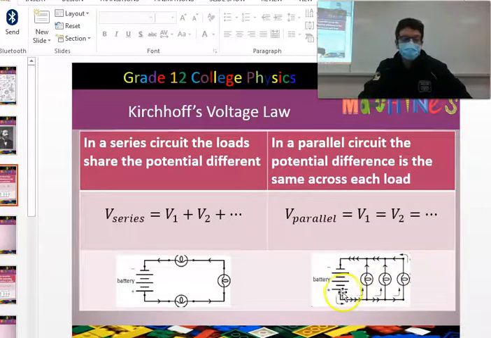So think of it as following a single electron that picks up a certain voltage at the battery. Well, that single electron is only going to go one of these 3 pathways, and so it will only pass through one of the bulbs. Other electrons will pass through other bulbs, but each electron only passes through one bulb. And so it gives up all its energy at that one bulb.